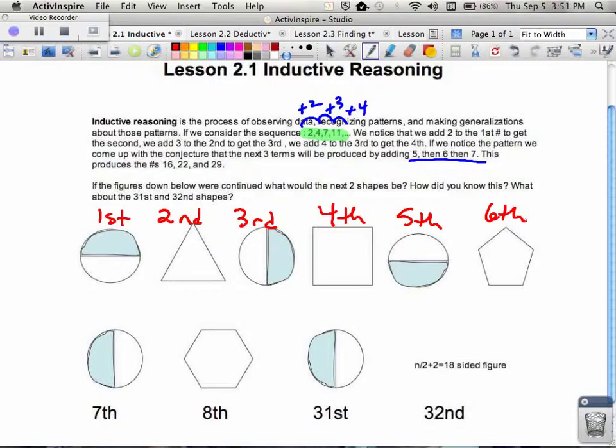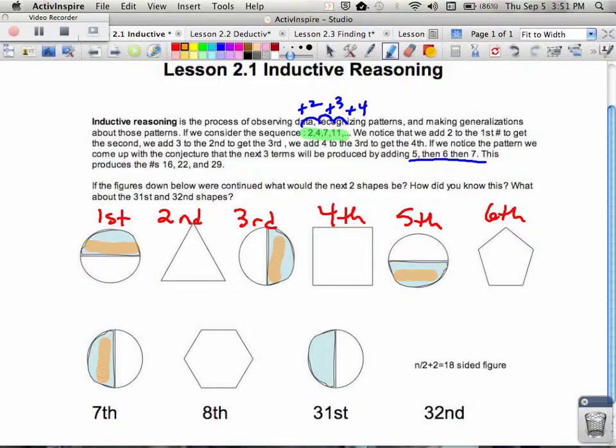So we notice that every odd shape, 1, 3, 5, 7, and so on, is a circle. The first time we see the circle, the top half is shaded. Then the right side is shaded, and then the bottom, and then the left. So the shading is rotating clockwise.